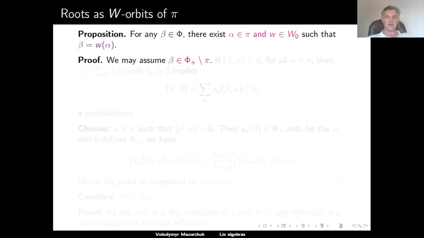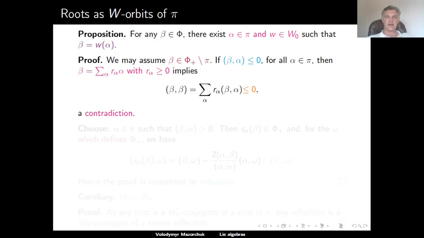So we assume that beta is a positive root outside pi. Assume first that the scalar product of beta with any root in our basis pi is non-positive. Then we can write beta as a linear combination of roots in our basis with non-negative integer coefficients r sub alpha, and plugging this expression into the second variable, we can compute the scalar product of beta with itself as a sum over all alpha of r alpha times the scalar product of beta with alpha.